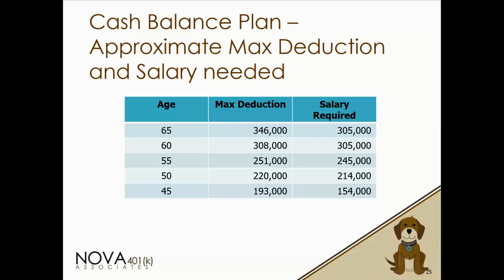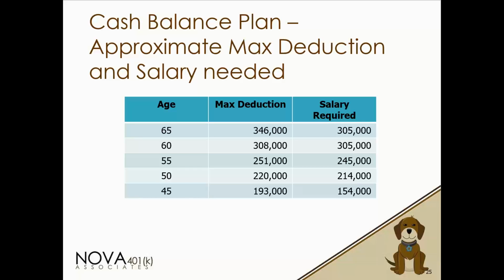So if your pay is only $50,000, then your maximum annuity at 62 is going to be $50,000. So the pay that's required to get these maximum deductions is on the far right-hand column. The estimated max deduction, say for a 60-year-old each year in a cash balance plan, is about $308,000 if you're making $305,000.